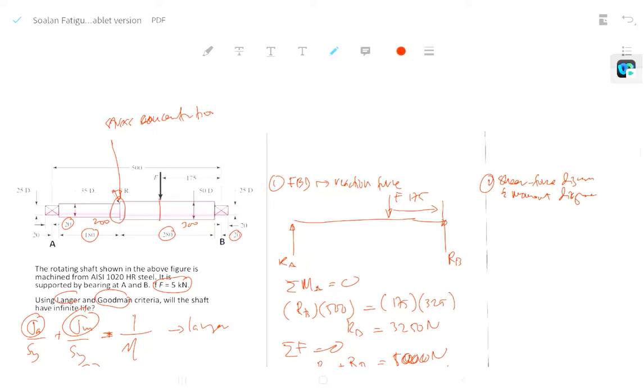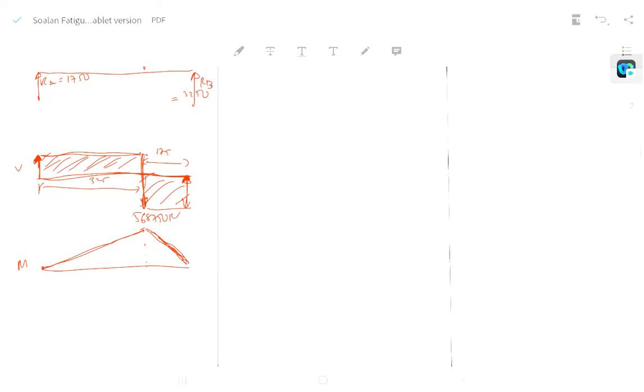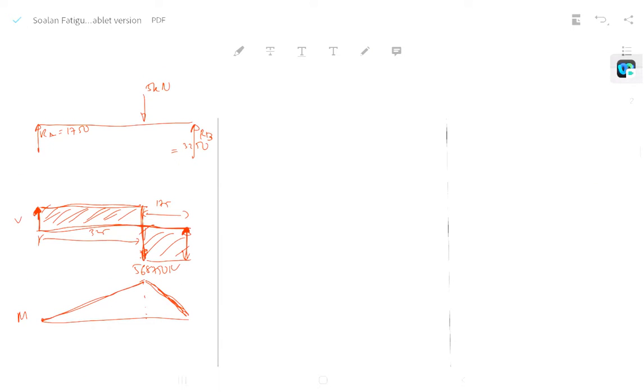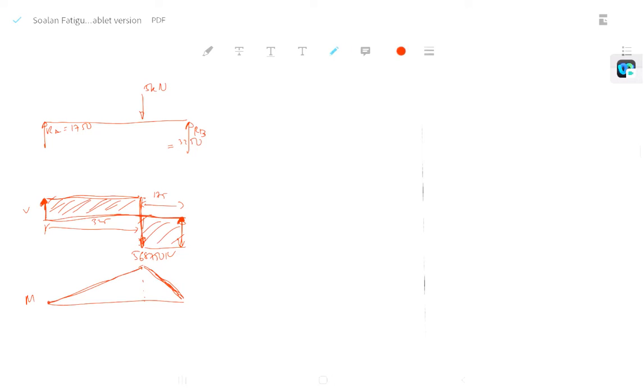So we have to prove which one is critical. So we get this value and we have to find this value.